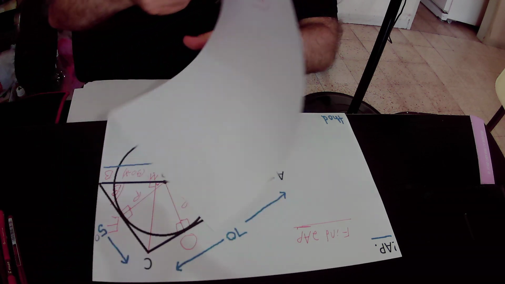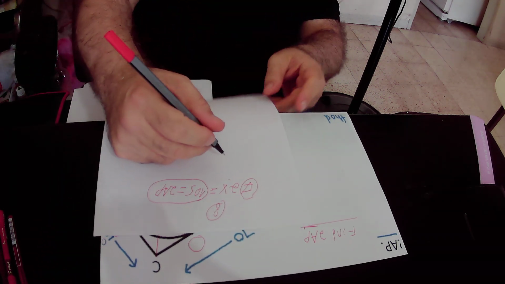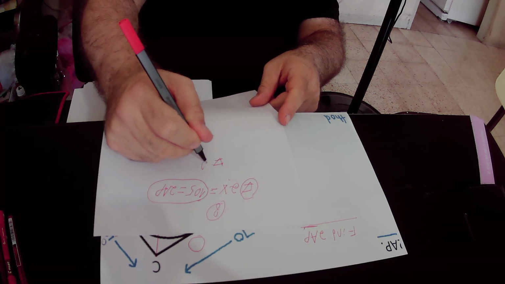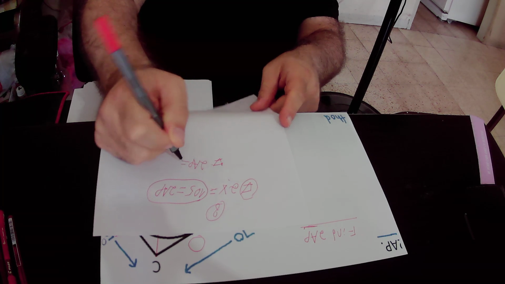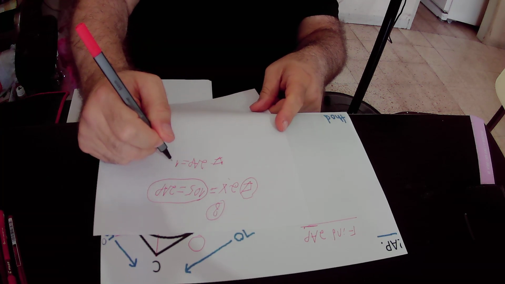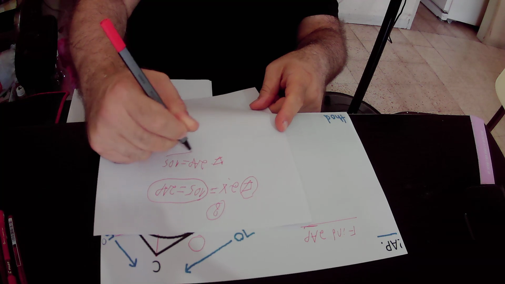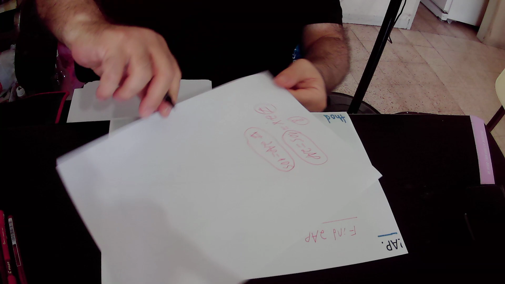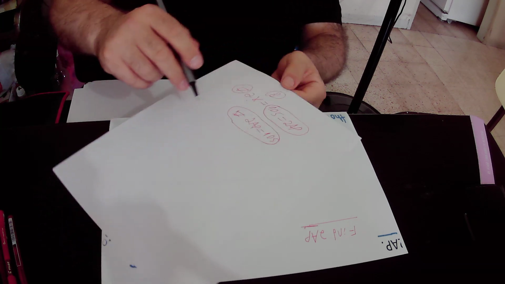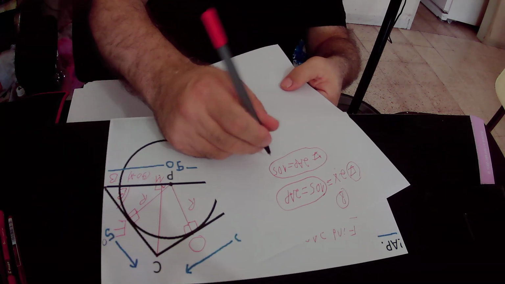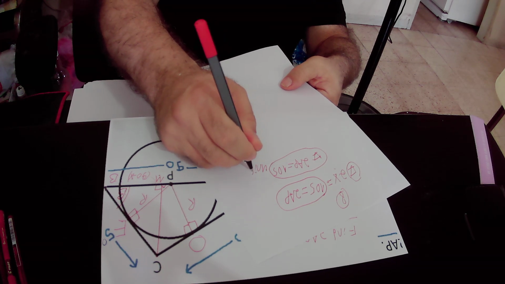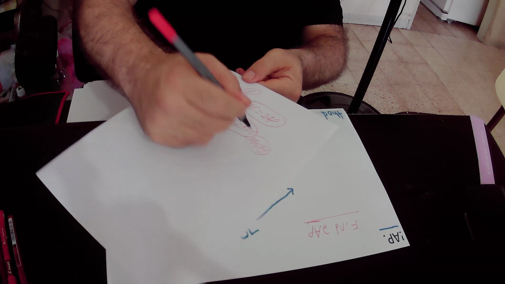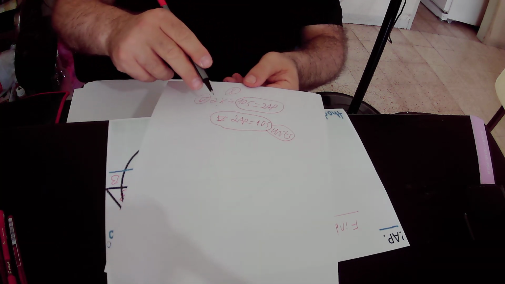So this is the final answer to the question: 2 times AP equals 105 units.